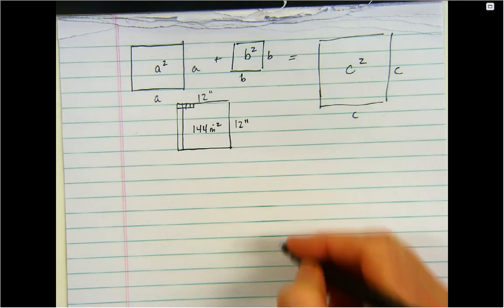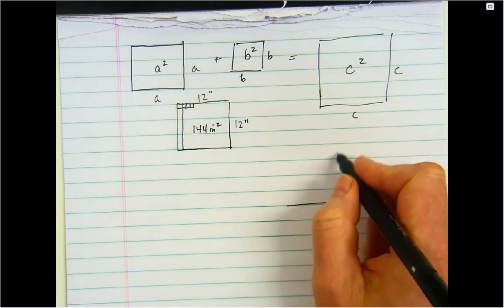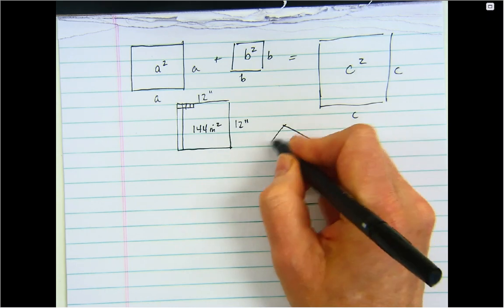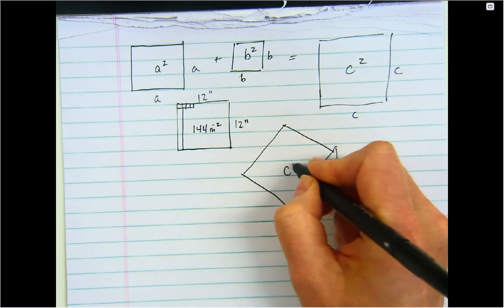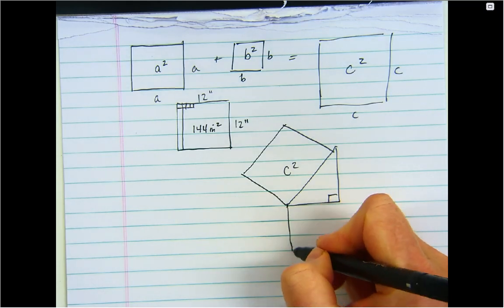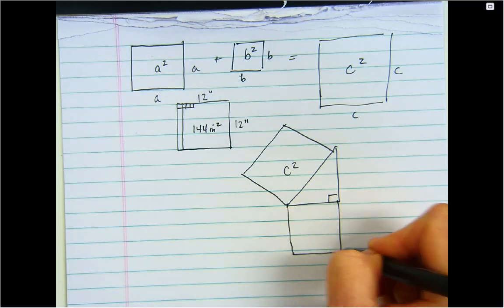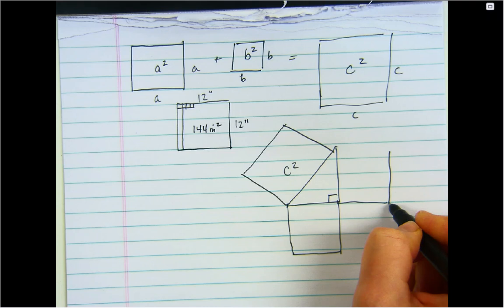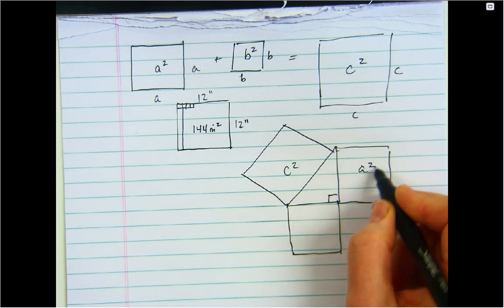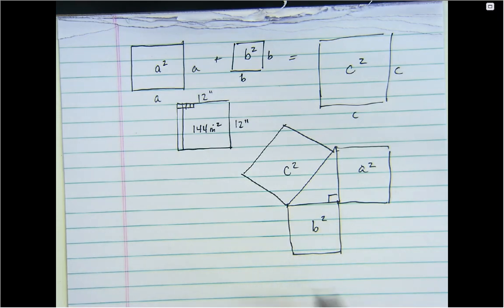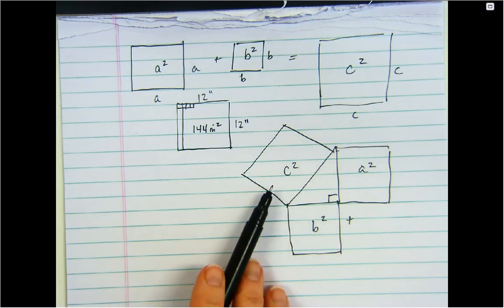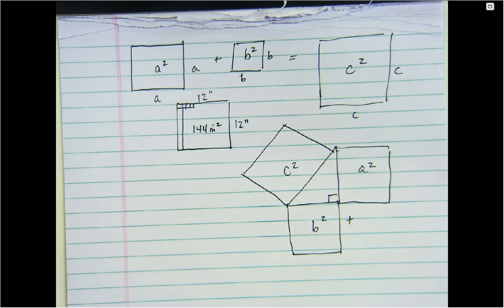So they sometimes would show the proof like this, with the c squared over here showing that it's c by c, and then the a squared and the b squared being squares off the legs. And they would mean that if you add up the area in these 2 squares, it's equivalent to the area in that square exactly. So that's what we're trying to prove.